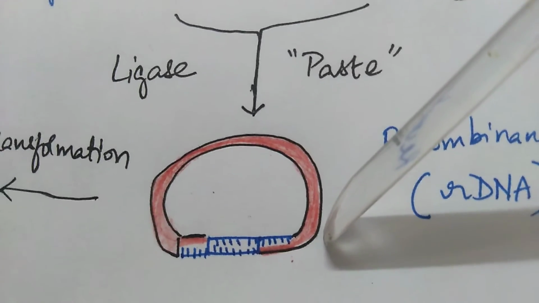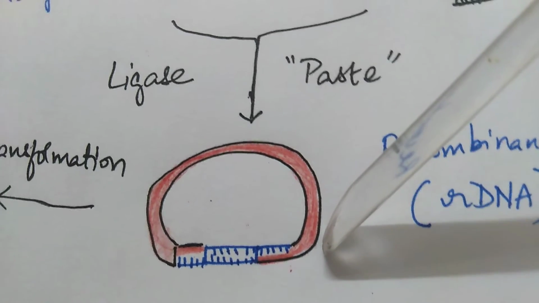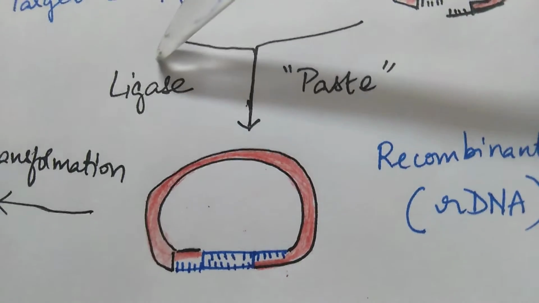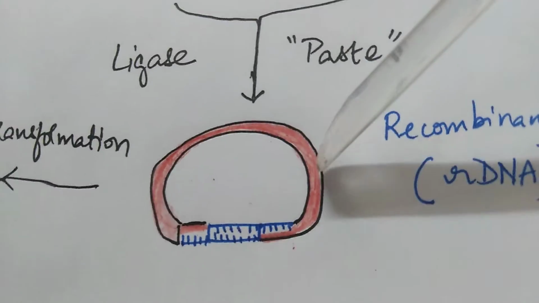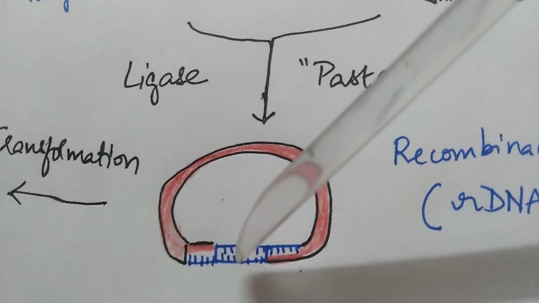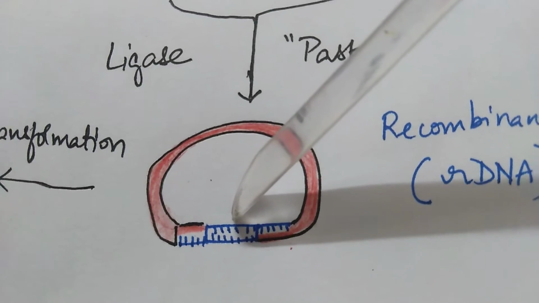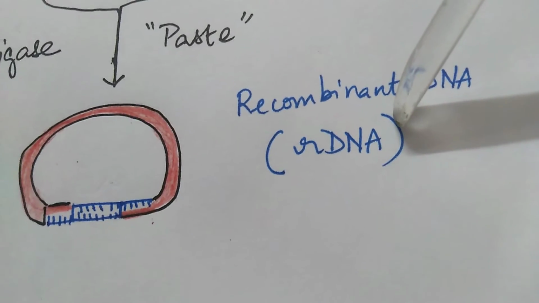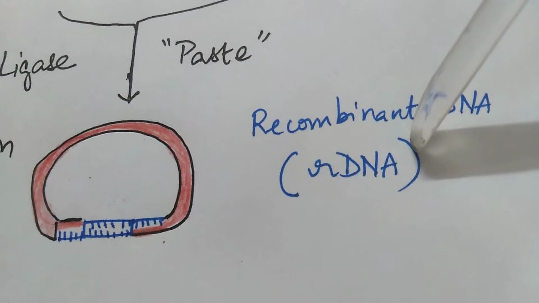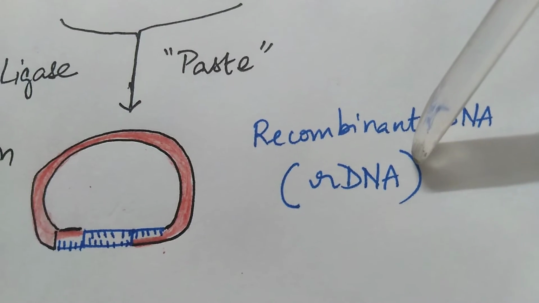This attachment or pasting of the vector with the gene of interest is done with the help of the enzyme ligase. Now, as the vector molecule has a foreign DNA attached to it, it is now known as a recombinant DNA molecule or rDNA molecule. Hence the name rDNA technology.